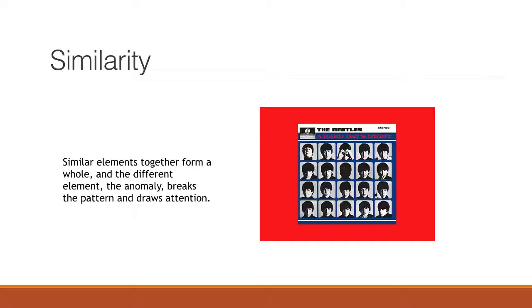Here's an album from the Beatles, A Hard Day's Night, and you'll see that the design is made up of 20 portraits of one of the band members, and one in the center, or as close to the center as possible, is fully blacked out. That's called an anomaly. It is a break in this pattern of similarity.